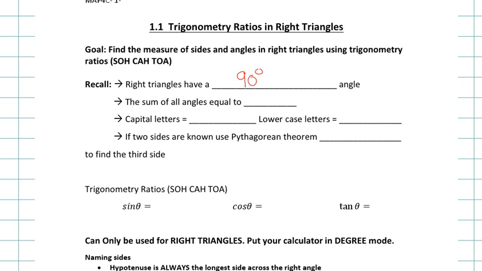The sum of all the angles inside of the triangle equals 180. So any triangle, no matter what it is, if you add the interior angles, it's going to add up to 180.